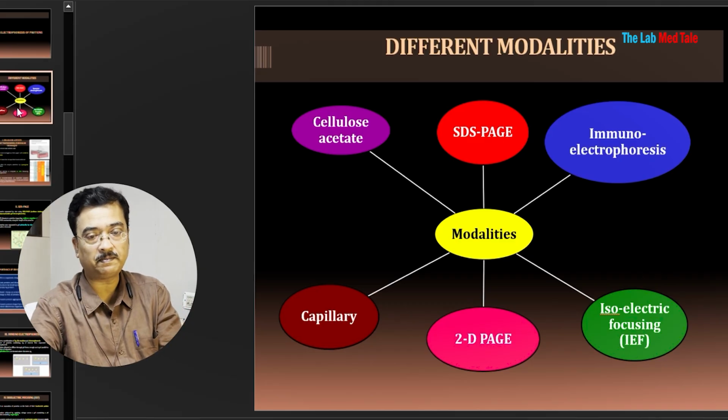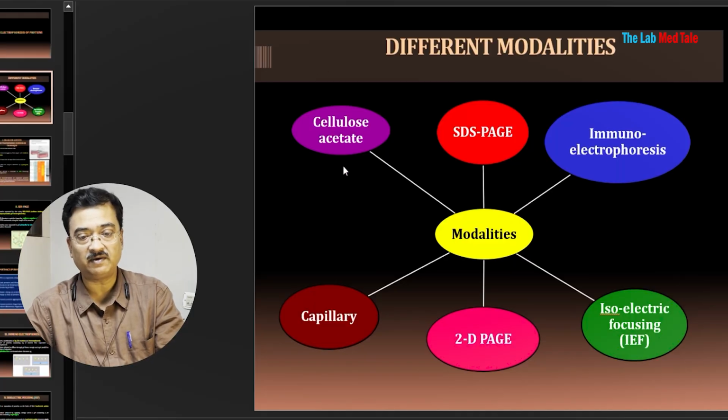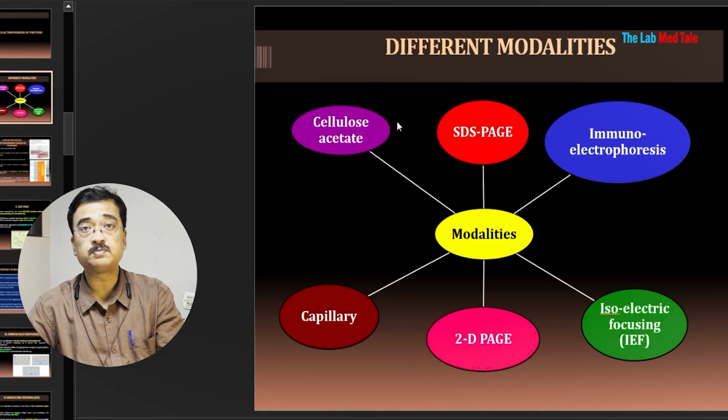First, after paper, came cellulose acetate, which is a modified version of paper, blended with cellulose acetate. Then comes another one called SDS-PAGE, which will come later on. Immunoelectrophoresis, where antigen-antibody reactions can be used with electrophoresis.